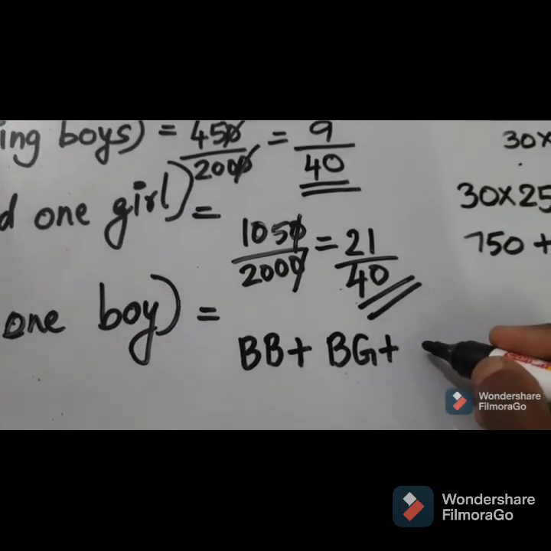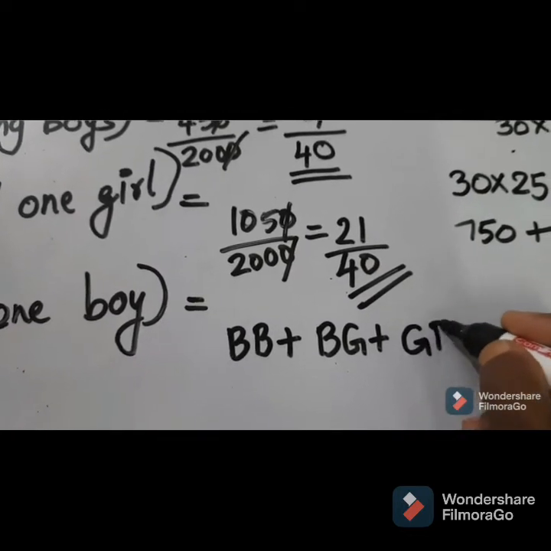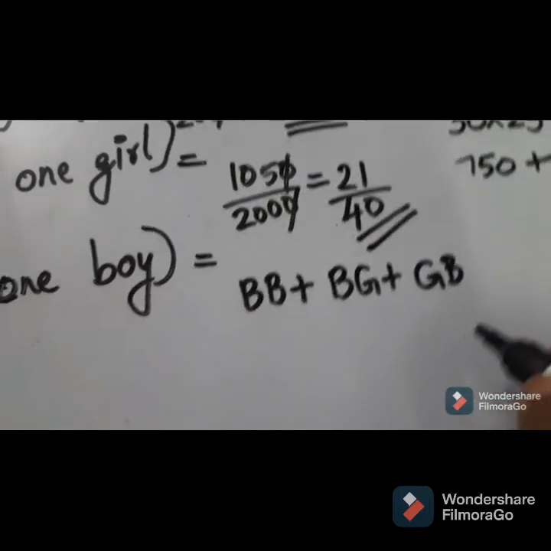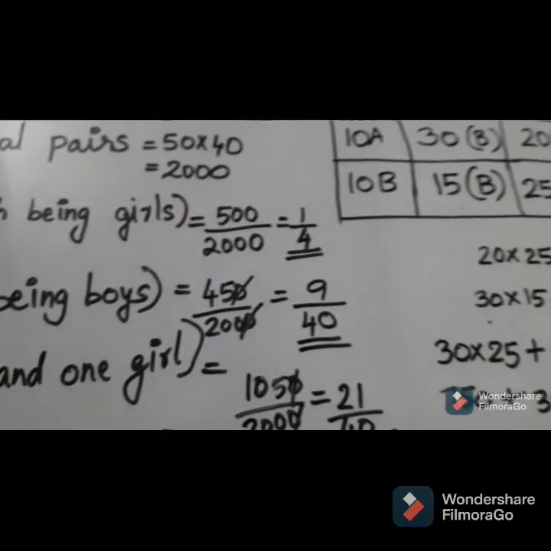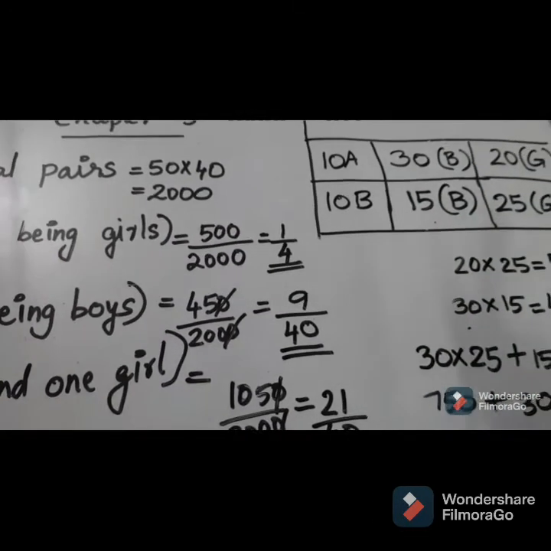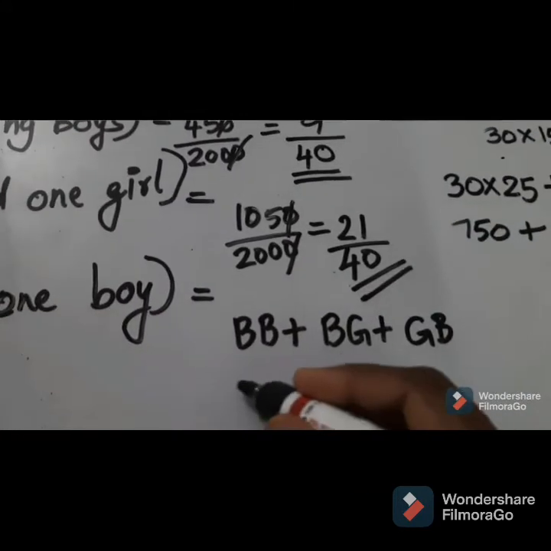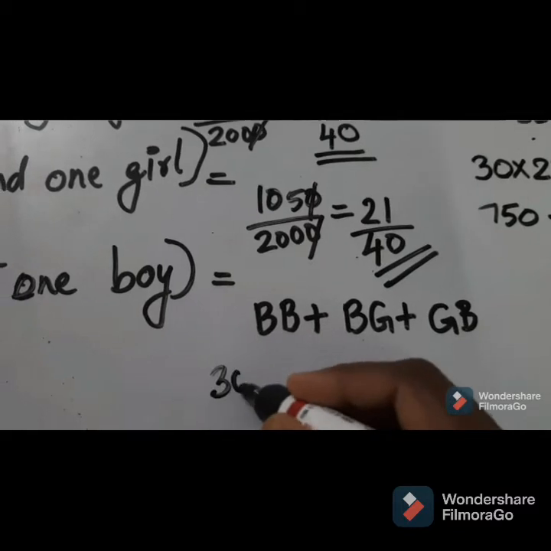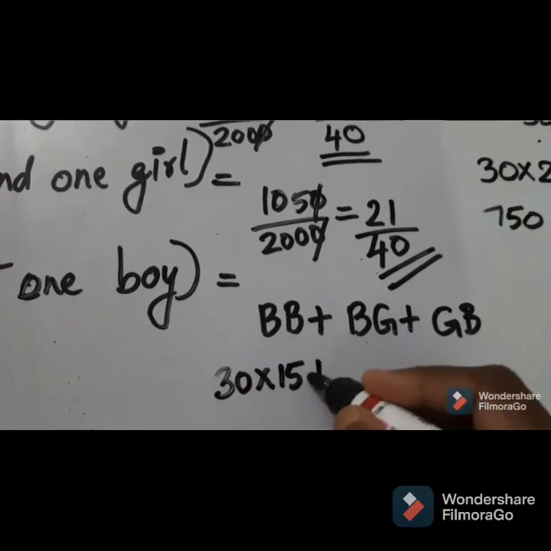Then girl and boy, that way you can do. So boy means in this 30 and 15. So we can write it as 30 into 15. That is a total pairs will come 30 into 15.